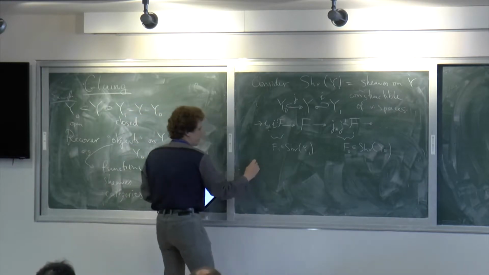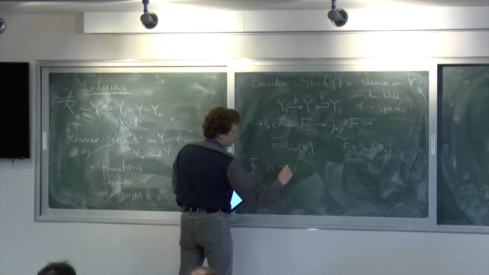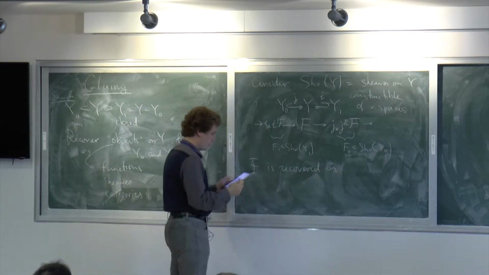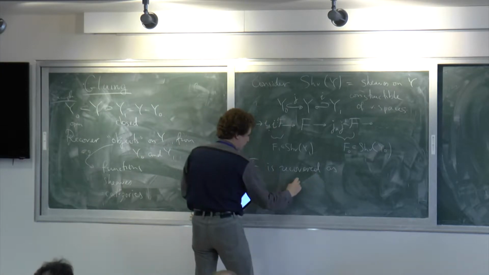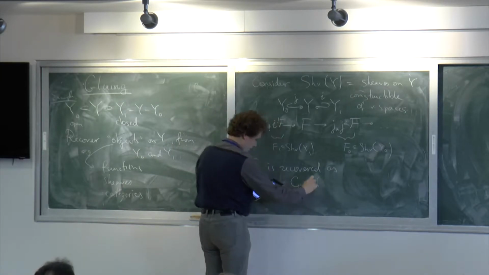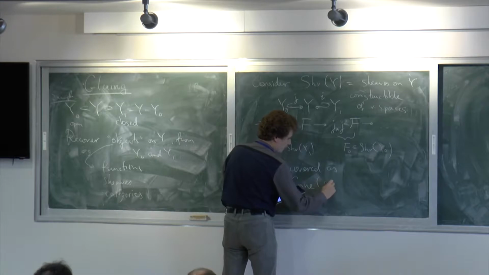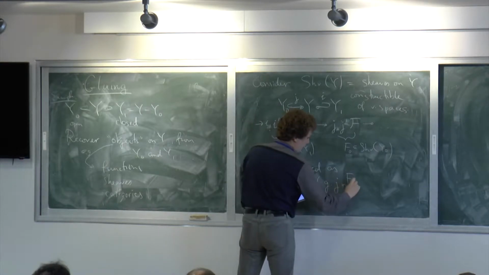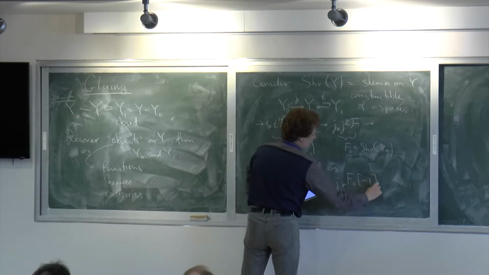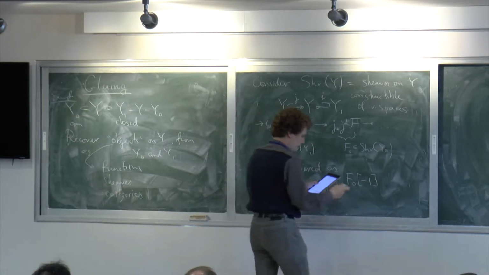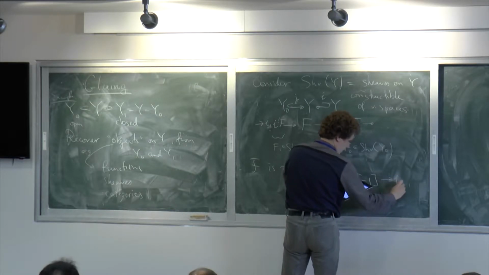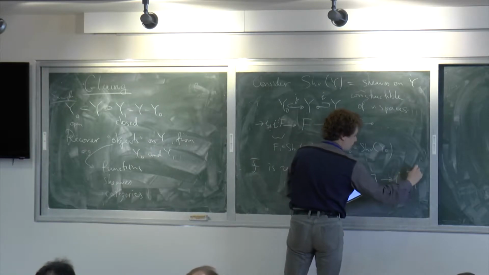So specifically, as the cone of the map from j lower star F0 shifted by 1 to i lower Schrick F1.